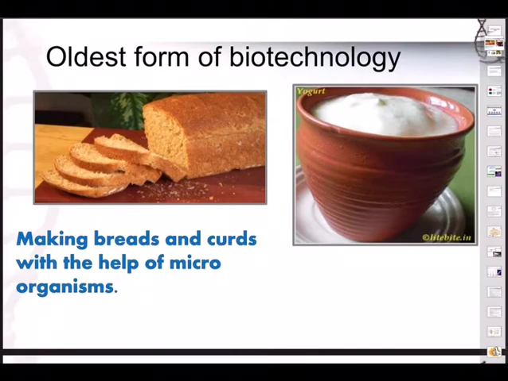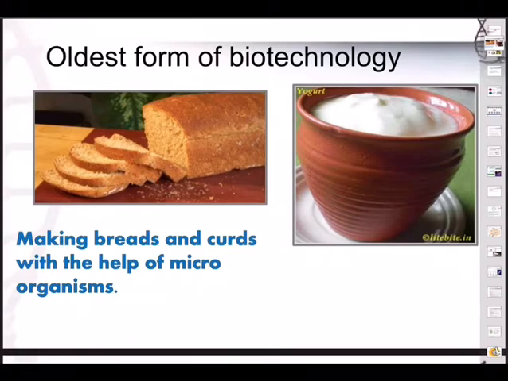Now, the oldest form of biotechnology is what we have been using for breads and curds with the help of microorganisms. You must have seen your mummy dropping a sample of curd into the milk and keeping it overnight, and next day you get curd. How is the curd formed? Your mummy may not know, but all of you know it. It's because of the microorganism, lactobacillus. Similarly, yeast is also present in bread, as you have seen in our mess and in your own home and in many bakeries, the process of formation of bread.